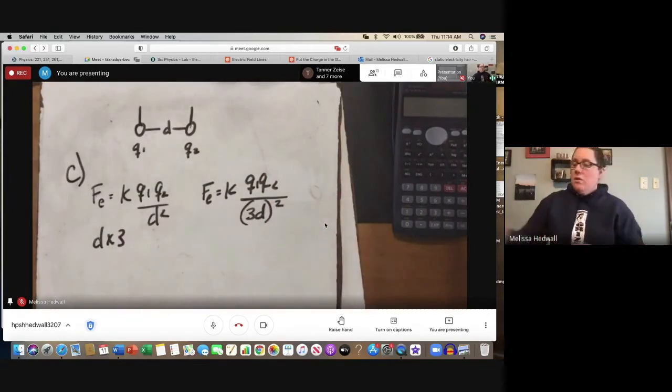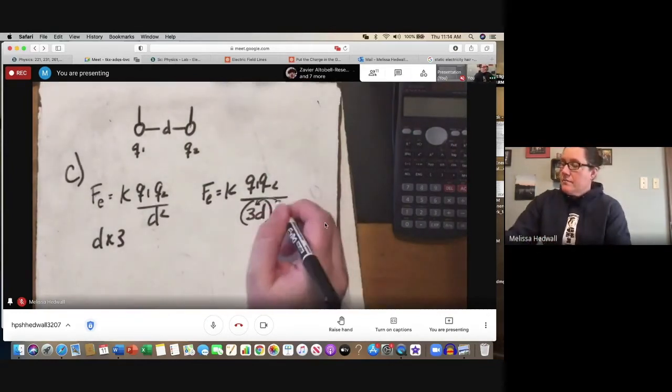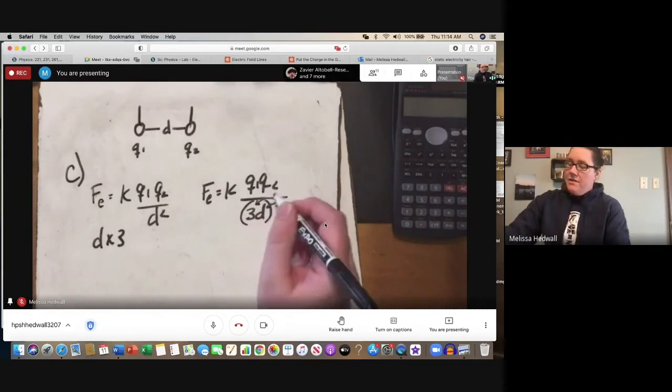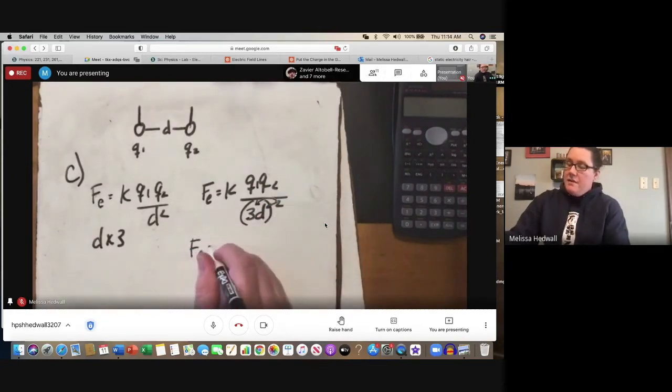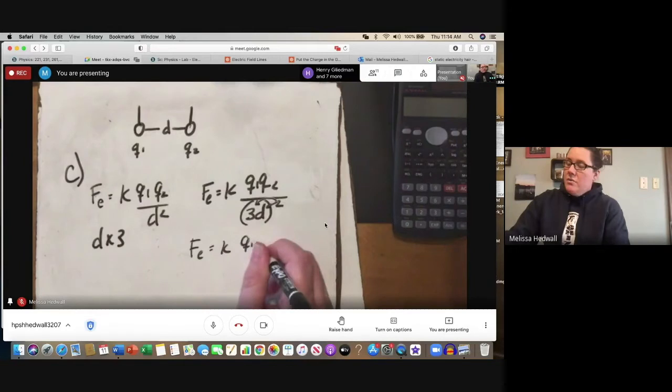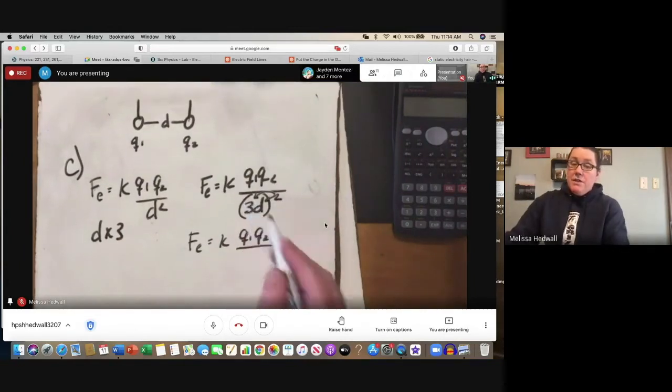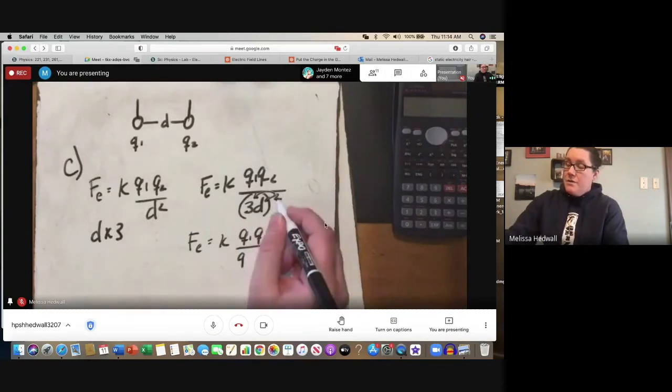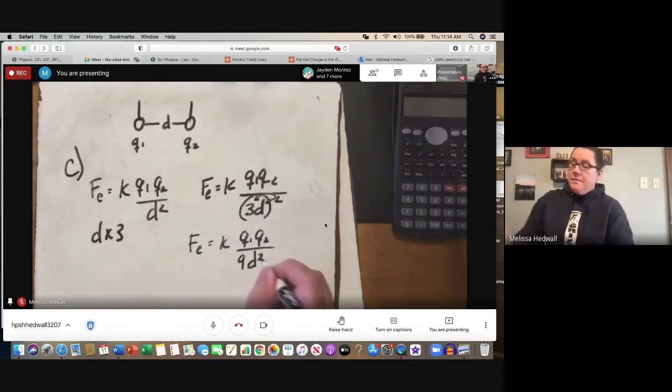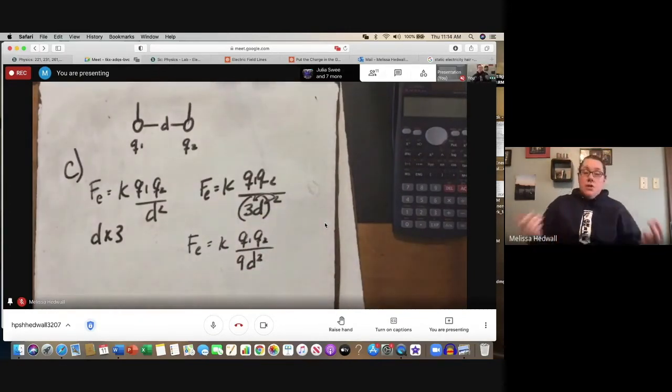When you square that whole thing, you square both the 3 and the D. So I'm going to rewrite this: Fe equals K, Q1, Q2 over, I'm going to square the 3, so 3 squared is 9, and the D, D squared. What has happened is that we have a 9 here that wasn't before, and it's on the bottom.